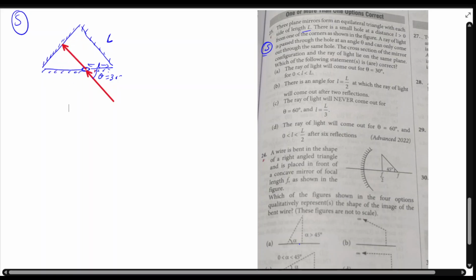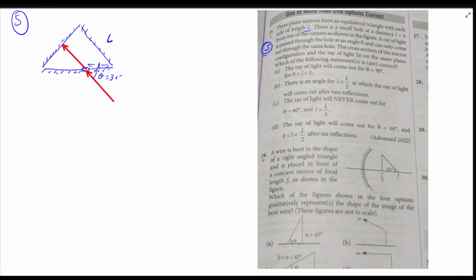If this is theta, this is 30, and we know this is 60, so this must be 90. If a ray of light comes at a surface at an angle of 90 degrees, it will reflect back. So it will move like this.